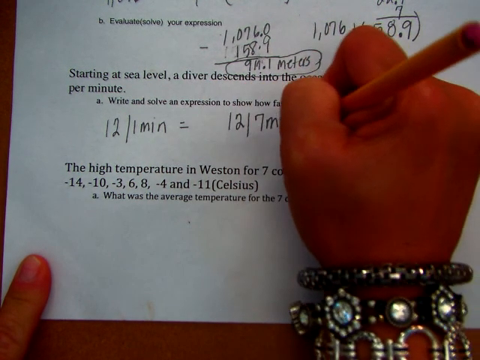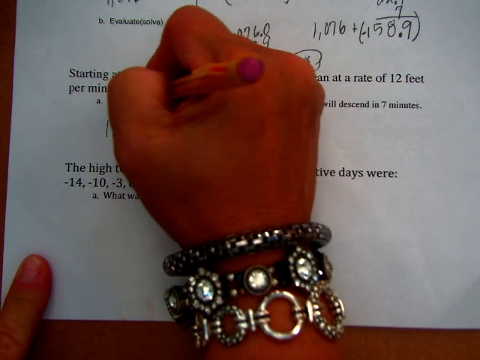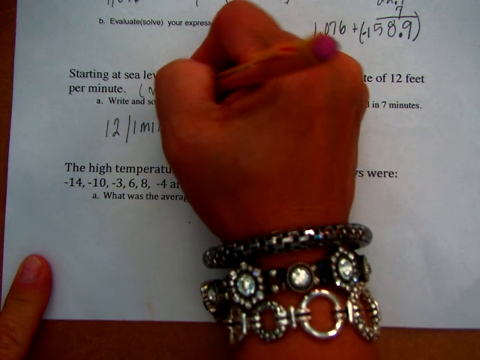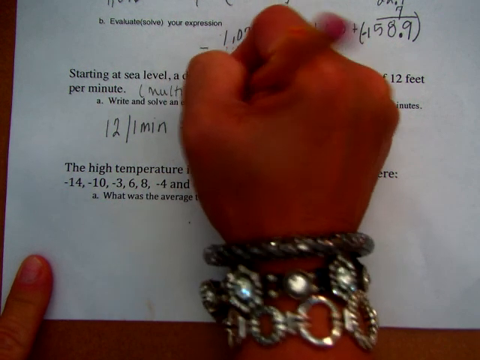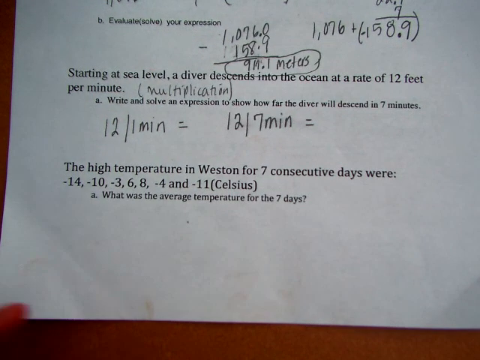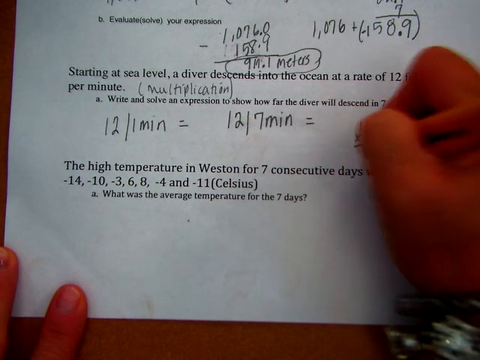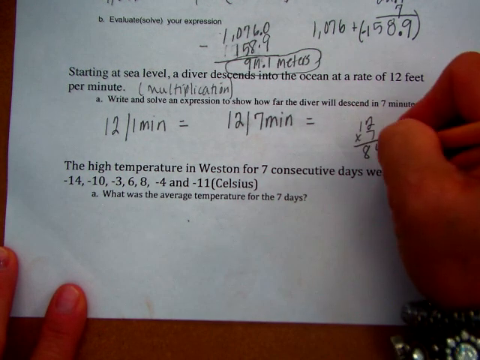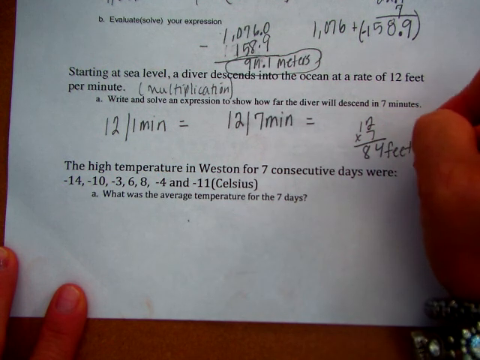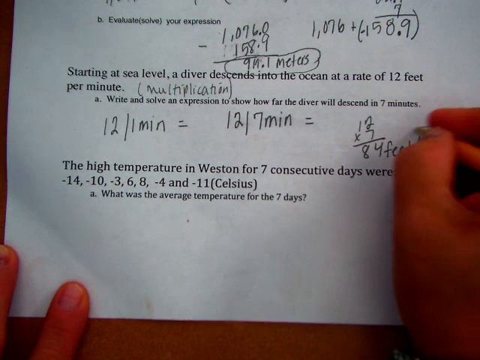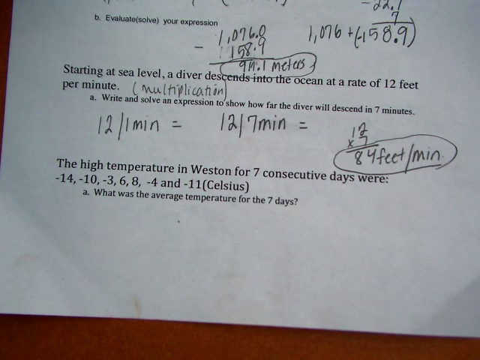It's a simple multiplication problem, and I should have put in parentheses that it's multiply so that you would know to do that, but I'm telling you now, so then hopefully you will remember on the test. So 12 times 7, 84. 84 feet. And then circle your answer. That's an easy one.